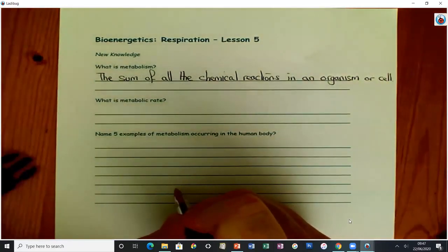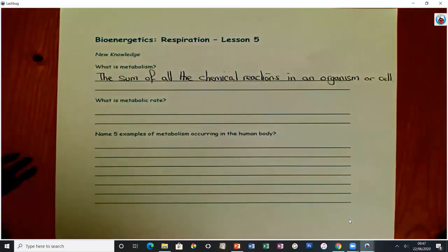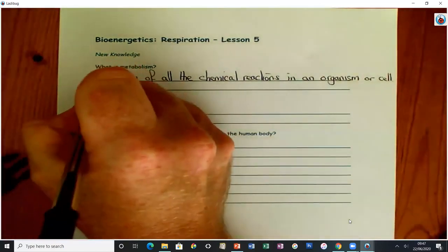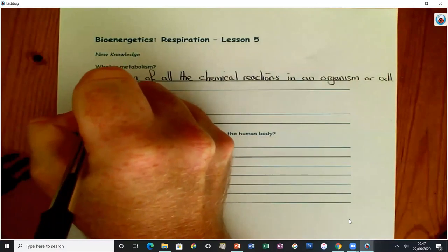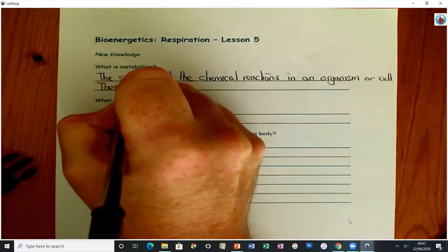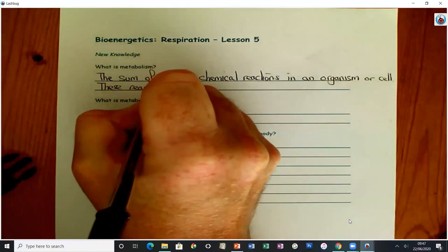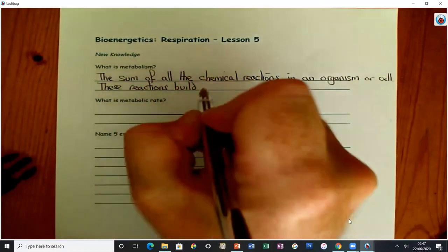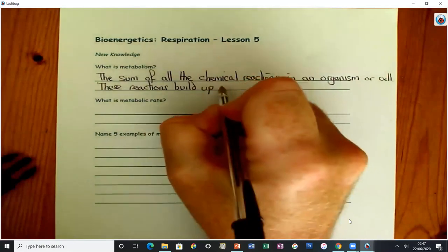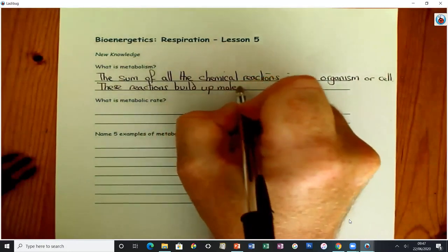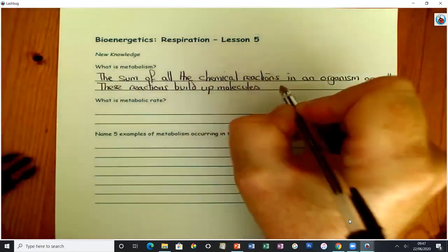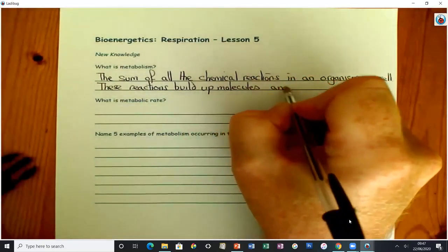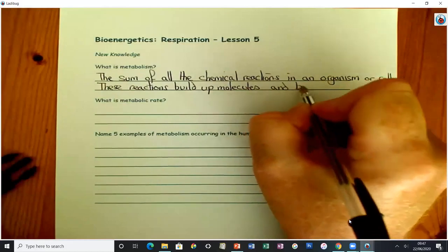Okay, now these reactions, they either basically build up molecules or break down molecules. So let's make a note of that. These reactions build up molecules and break them down.